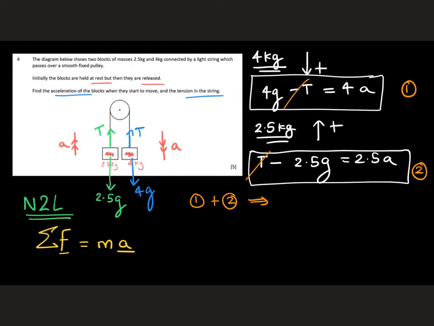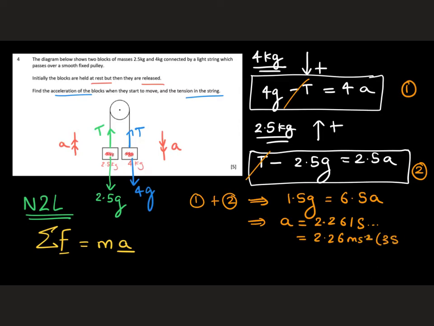And we then end up with 1.5g is equal to 6.5 multiplied by the acceleration. So this gives me a value for the acceleration, which is equal to 2.2615, so 2.26 meters per second squared to 3SF.